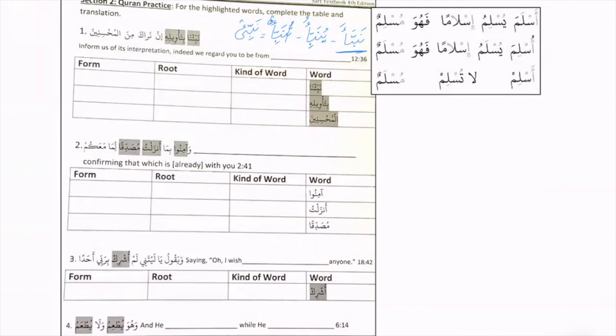And now I want to make it a command. So what I need to do: I'm going to drop this u sound, make it majzoom, and then drop this sign of mudari', and now it becomes nabbi'. So nabbi'na, you inform us.